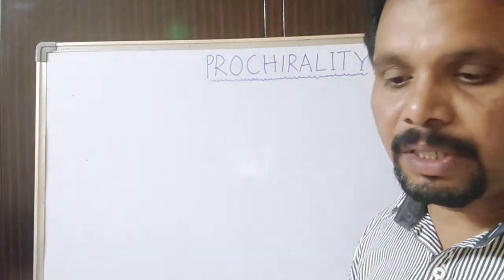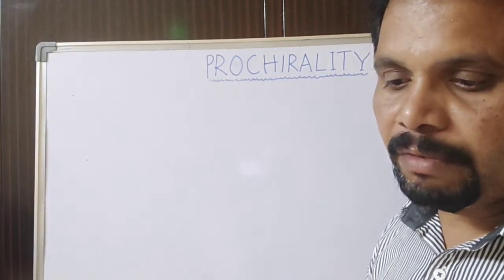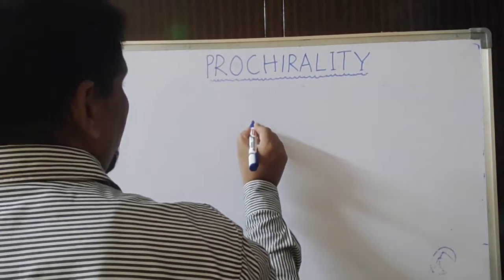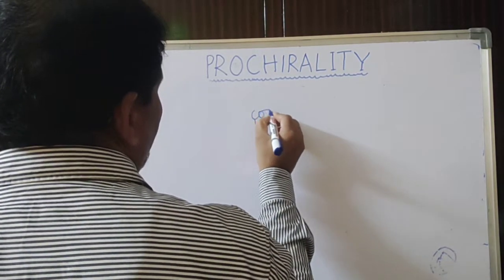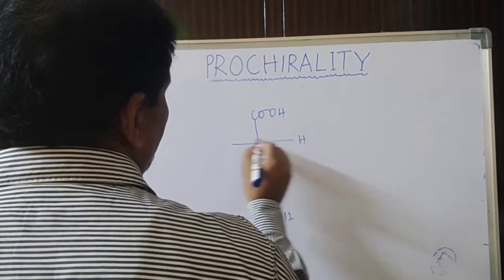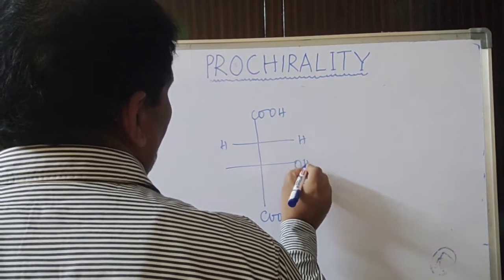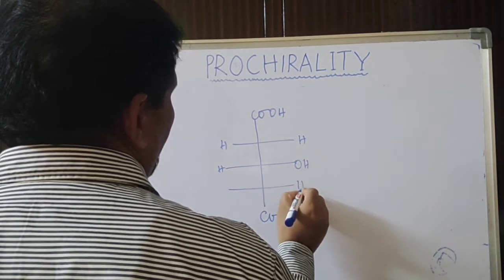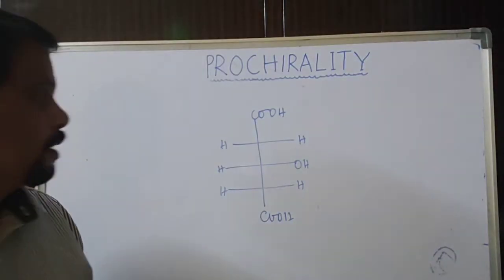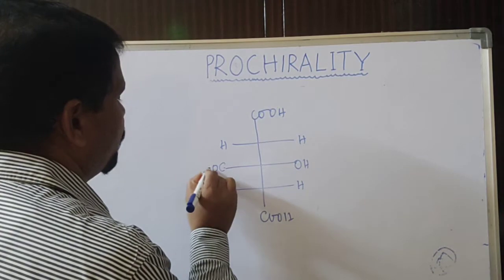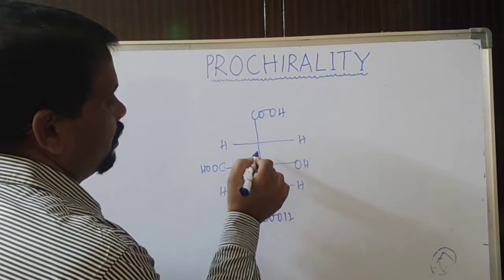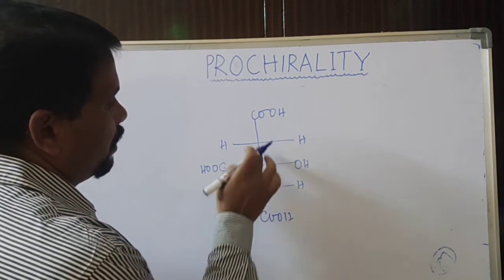Now molecules with more than one prochiral center. I'll give you one example for that. This is the molecule with CH2OH and CH2OH, H and H, OH and H, H and H, which has three centers: one chiral center and two prochiral centers.